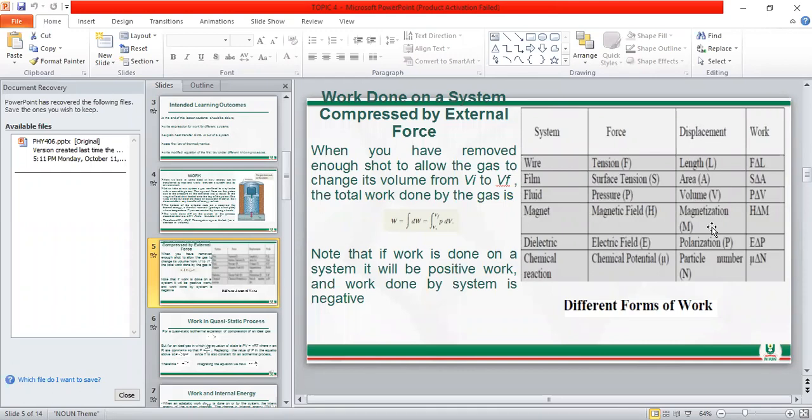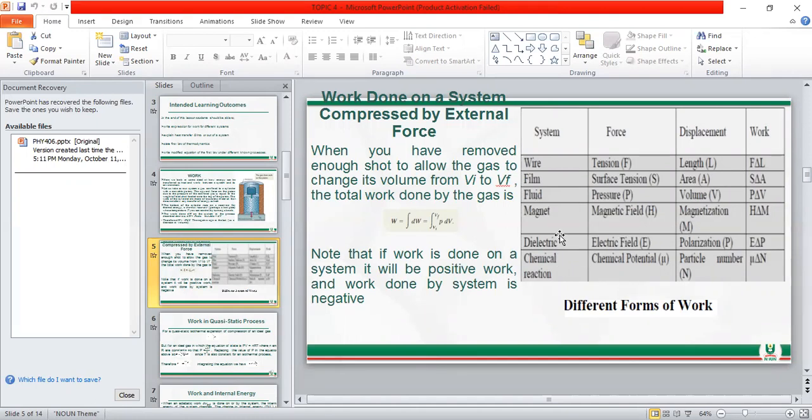So these are different systems. You have your wire, you have your film, you have your fluid. That's why you have pressure, PdV. The one we were talking about before was a volume. We're describing pressure applied to a volume. The magnetic field multiplied by what? The magnetization.